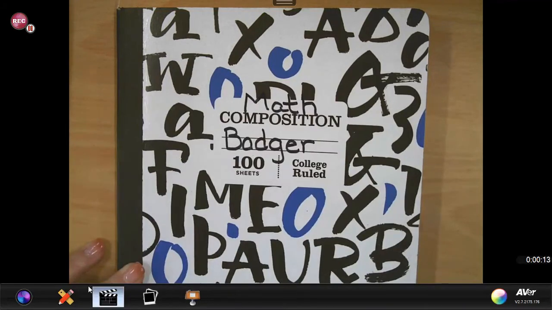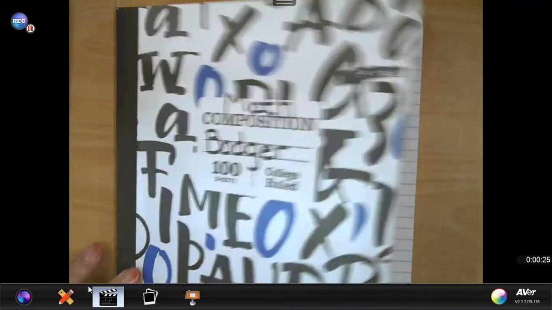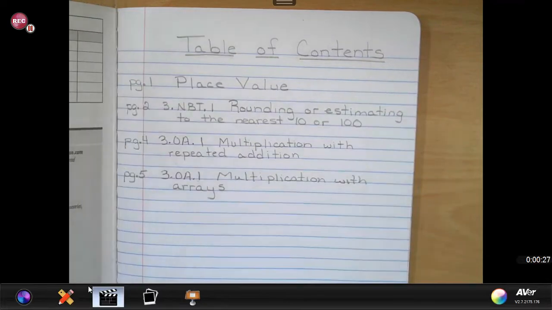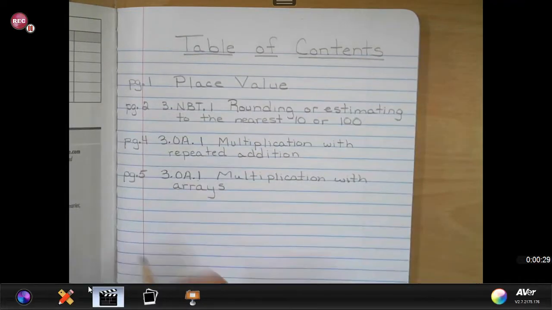Today we are going to focus on the commutative property, and the standard, which is 3.OA.5, properties of multiplication.